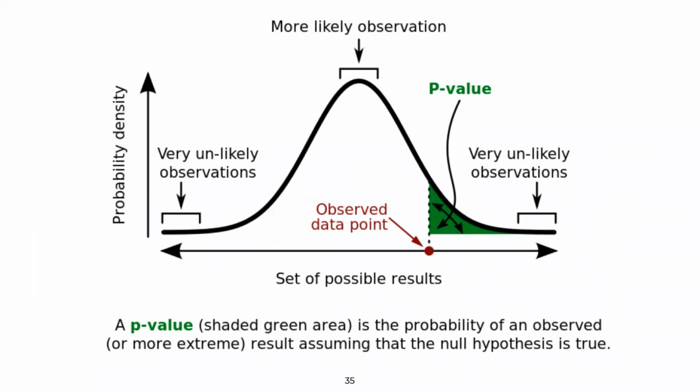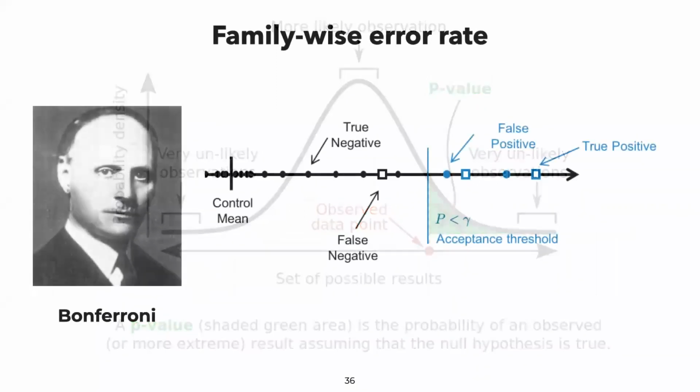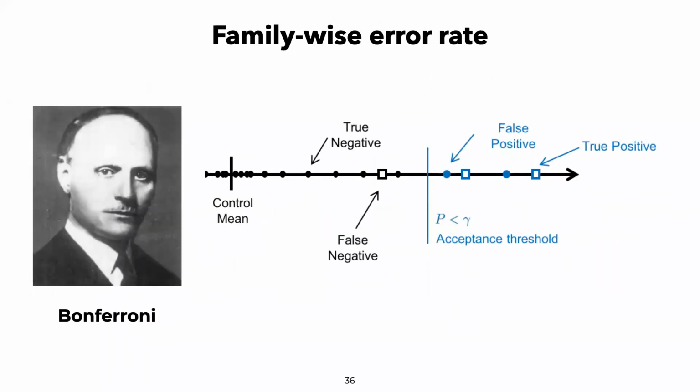Okay, so the problem with this many observations that we have is that if you have a very large number of observations, by chance, you can find statistically significant ones just because of this family-wise error rate, and actually select the ones that are going to be false positives. You could also have false negatives.